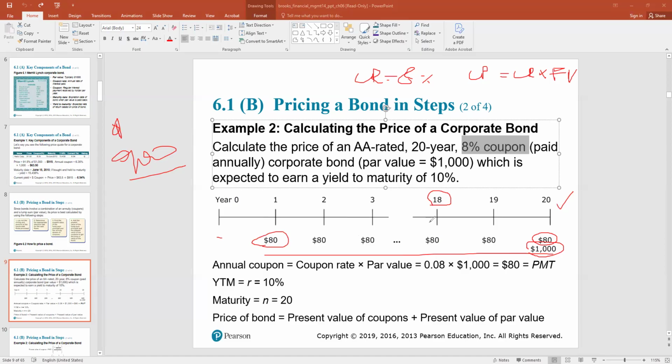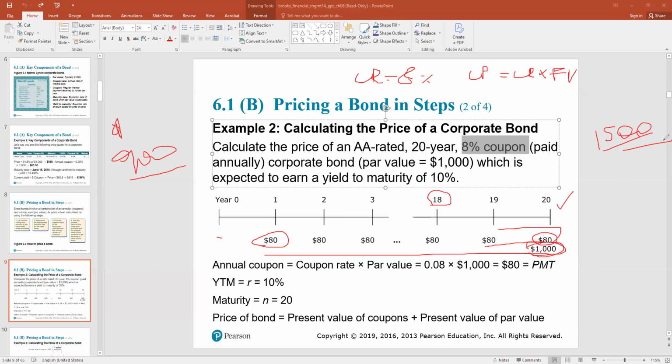And when you reach 18 years, the price became 1,500. Why should you wait 2 years, where you will be receiving only $160 and $1,000, so $1,160 in total, when you can easily sell it for 1,500?